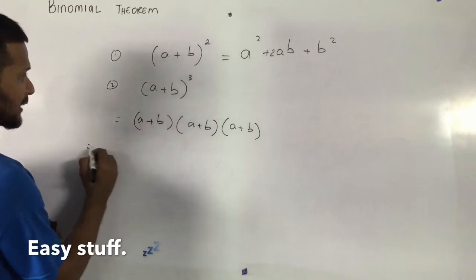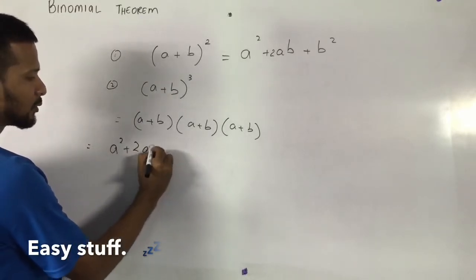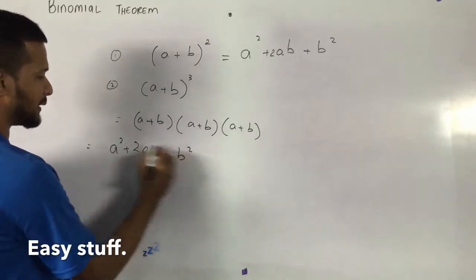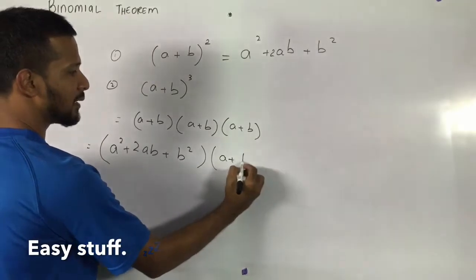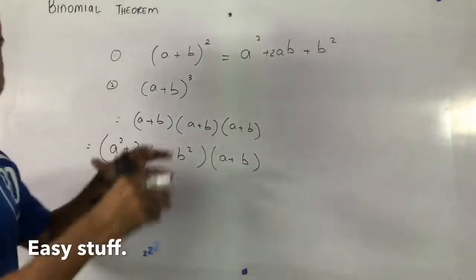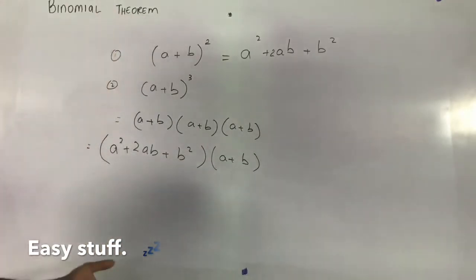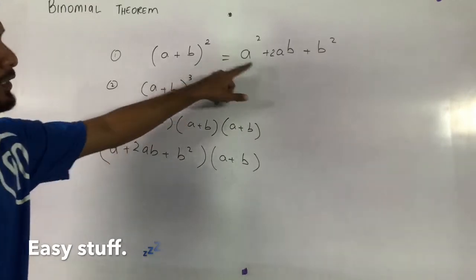So we can simply write a squared plus 2ab plus b squared, which will replace this, and multiply it by a plus b. That's okay? And all this builds up to what binomial theorem really is. It's a simple theorem that we could use to get these expansions.